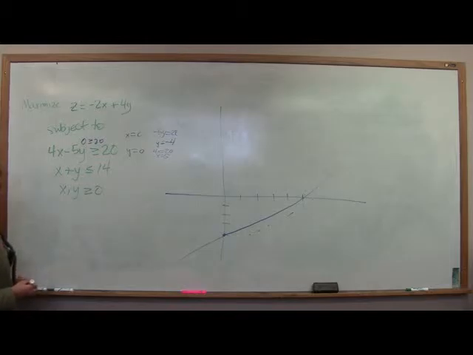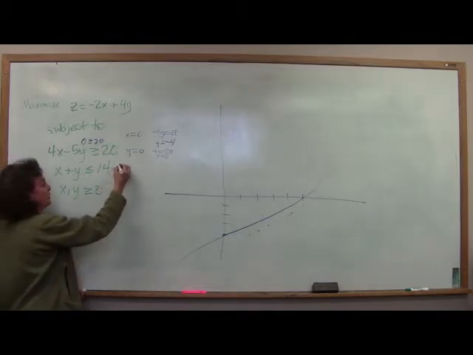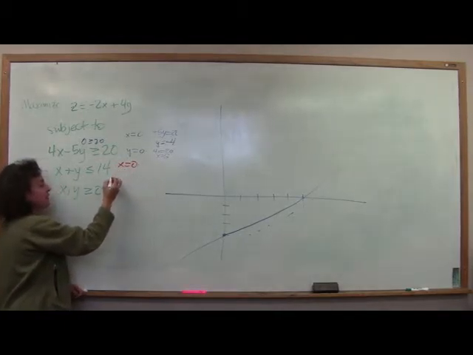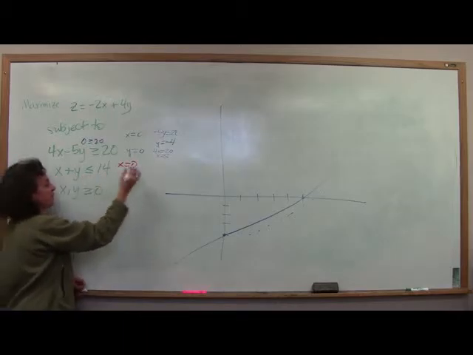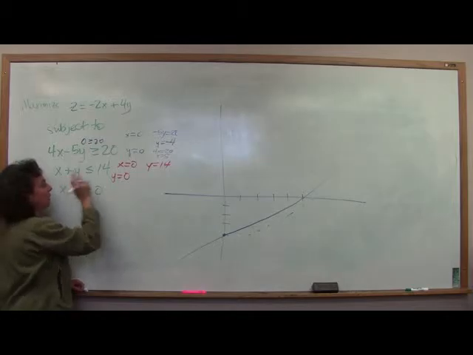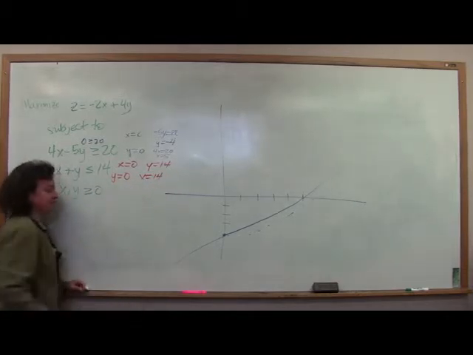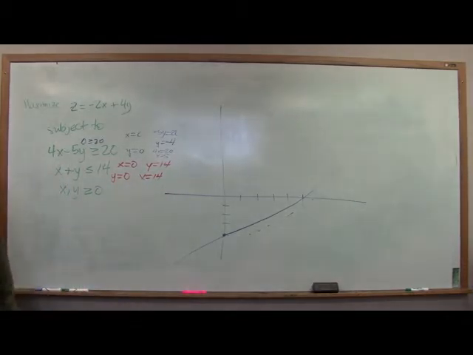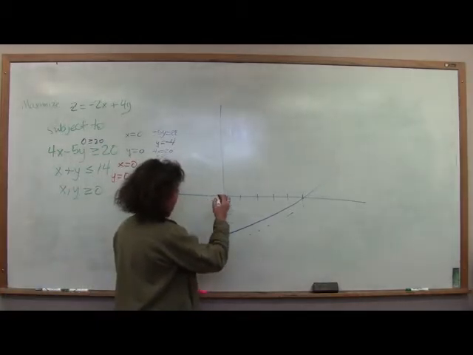All right. My next line is x plus y is less than or equal to 14. This is a pretty nice one because if x is 0, we know y is 14. And if y is 0, x is 14. Okay, so we got to go over to 14 now.